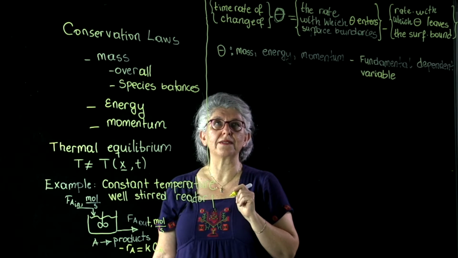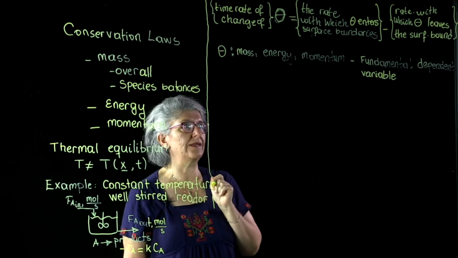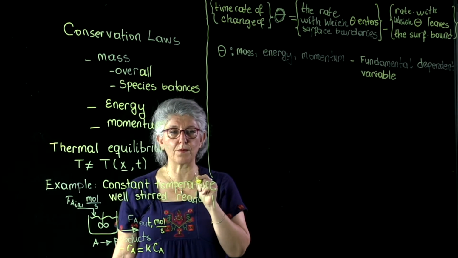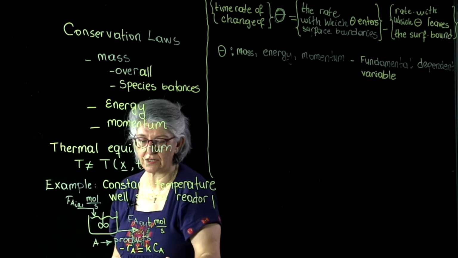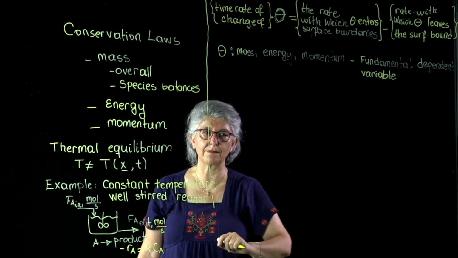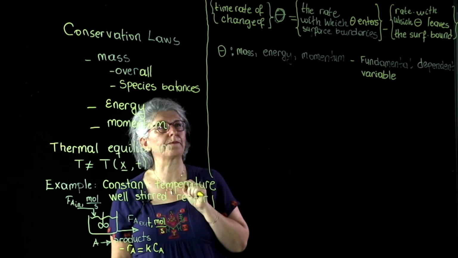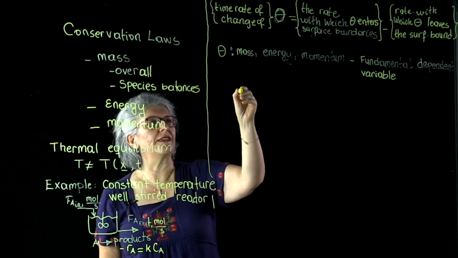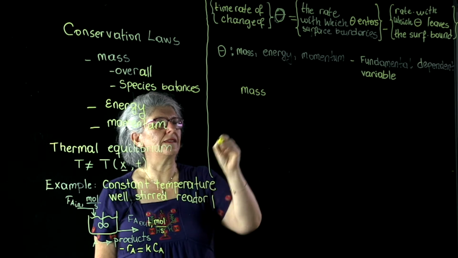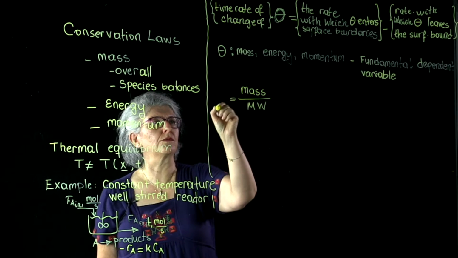And we can relate mass to moles, and we can write mole balances, which are easier to handle mathematically, and we can incorporate this constitutive relationship of rate expression in the mole balances and solve this problem with a more convenient mathematics. So if we take the mass and divide it by the molecular weight, we get the moles.